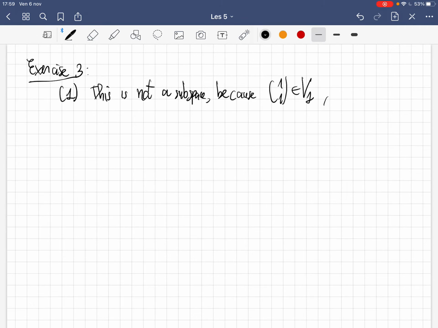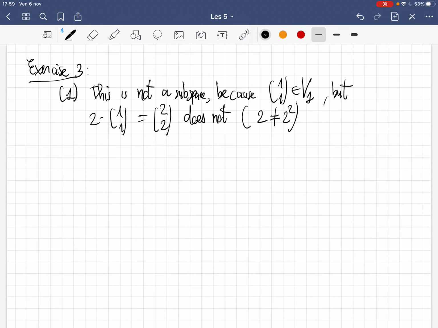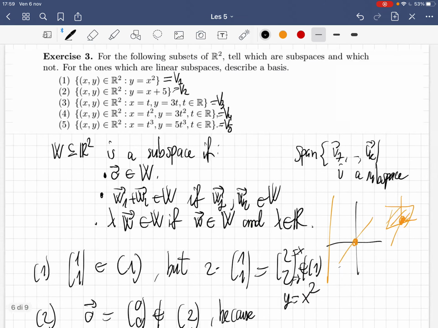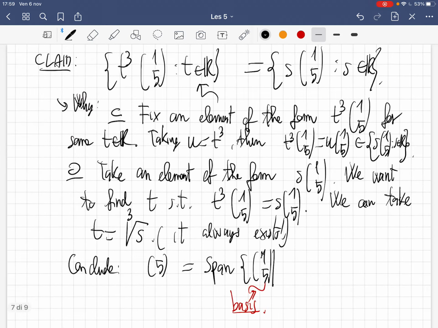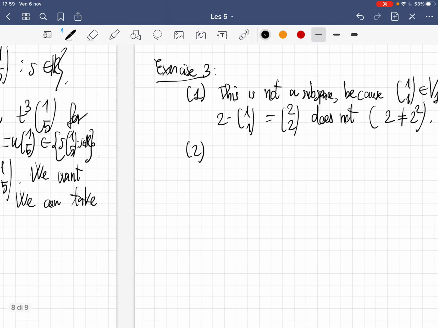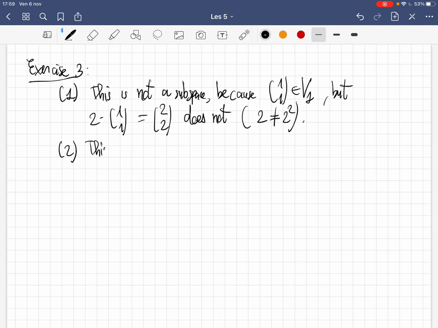Because this lives in V1, but 2 times 1, 1 does not. 2 is different from 2 squared. Okay, so that's okay. The second, okay, the second was the line.